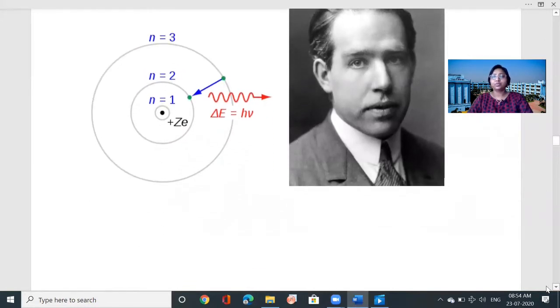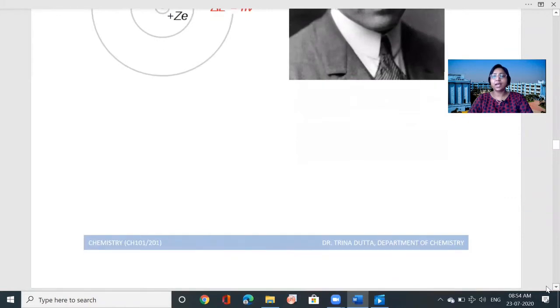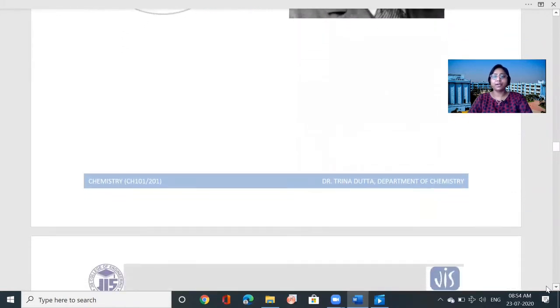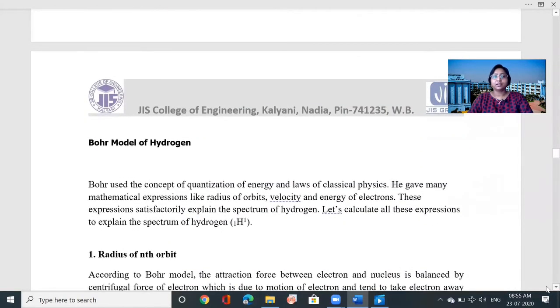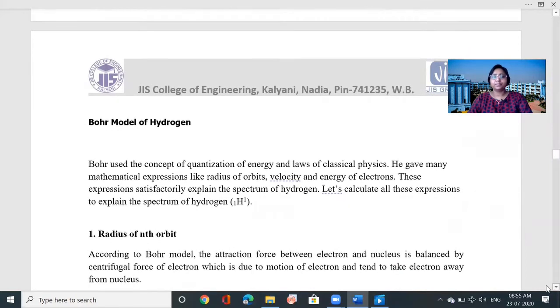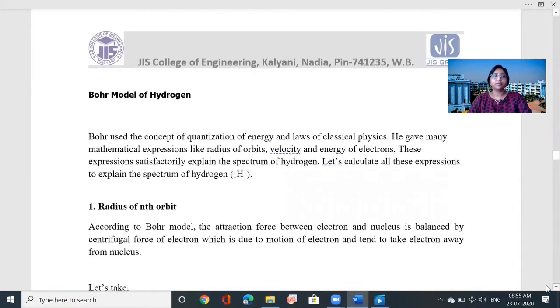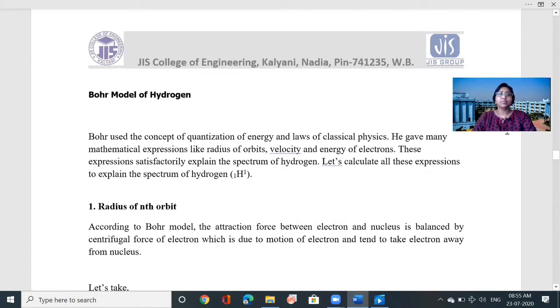Now, we will see what the applications are, how we can apply the Bohr model. In the Bohr model of hydrogen, Bohr used the concept of quantization of energy and laws of classical physics.